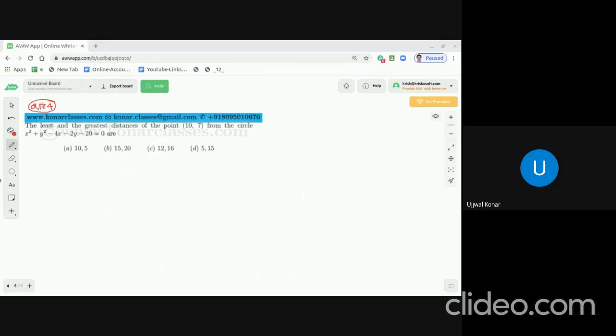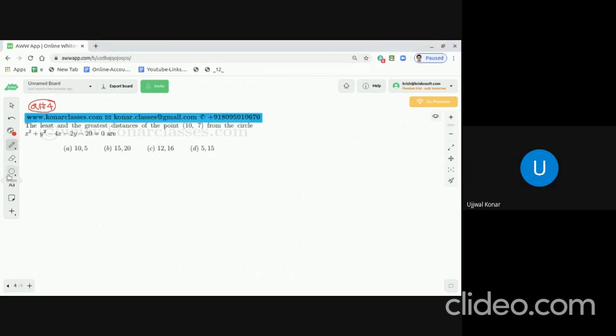Okay, so let's approach this problem. We need to find the least distance and the greatest distance. So it is better to give a visual representation of the problem. So if I give a visual representation of the problem, how will it be?